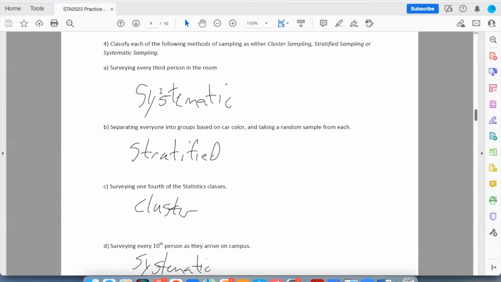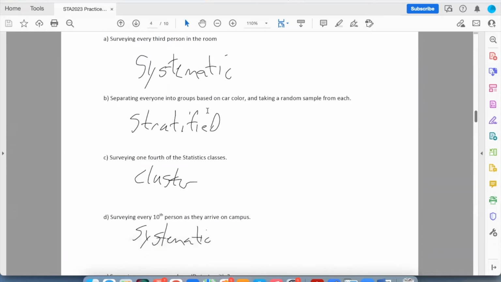So here, that would be systematic. Every 3rd person in the room, you're following a pattern. Here, you're putting everybody in groups, but those groups share a common characteristic. Everybody with a red car is in one group. That group doesn't look like the whole population. And take a small sample from each.